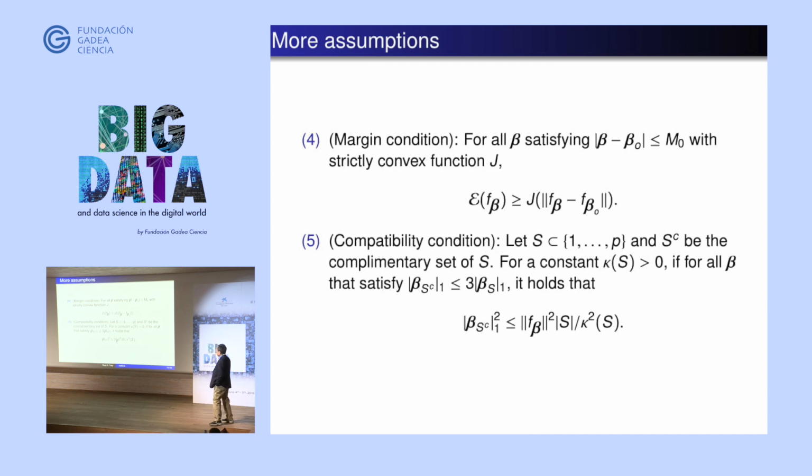The next condition is called the marginal condition, in the neighborhood of the true parameter. We have to have a strictly convex function, so the excess loss is bounded below by that. Also, this is an important condition: if you have a subset and its complement, the complement satisfies this condition.